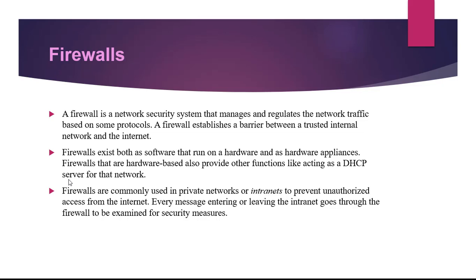Firewalls are commonly used in private networks or intranets to prevent unauthorized access from the internet. Private organizations may use hardware, for example, we use hardware to stop unauthorized access in our labs. Every message entering or leaving the intranet goes through the firewall to be examined for security measures. And if the firewall senses that it is malicious or harmful, then it denies the access.